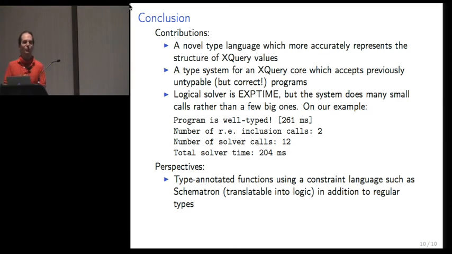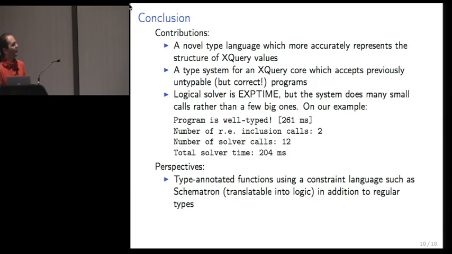But if we want to type a function, for example a function which takes some node and returns its parent, and we want type annotations for this function so that we can type it out of context, it would be useful to have a type language which allows expressing constraints on the parents, the siblings, etc., on the parameter type of the function.